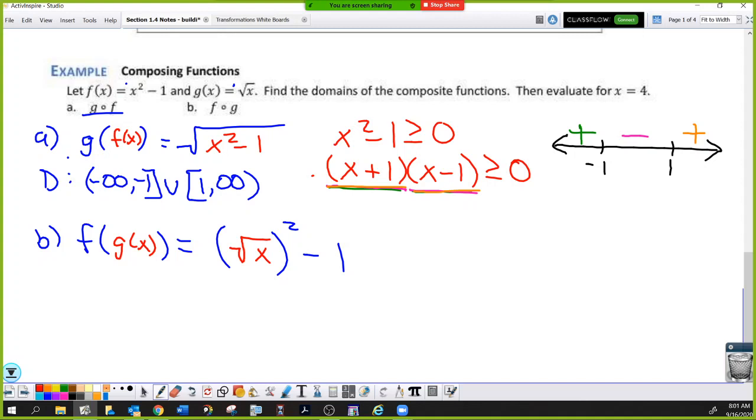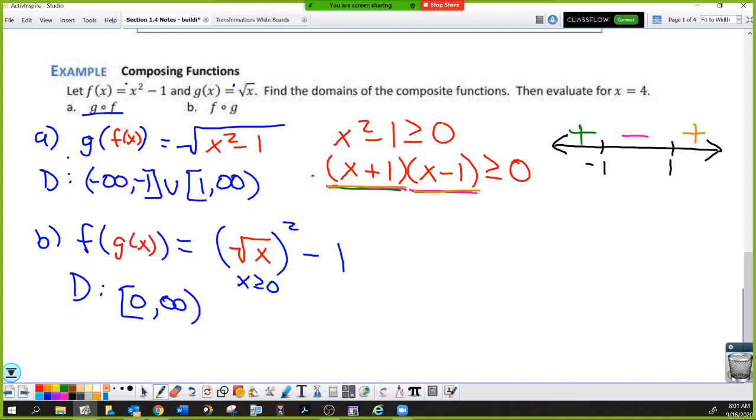The thing creating the domain issues is the square root bar. Whatever's underneath the radical must be positive or 0. So the thing under the radical must be greater than or equal to 0. In interval notation, that's bracket 0 to positive infinity.